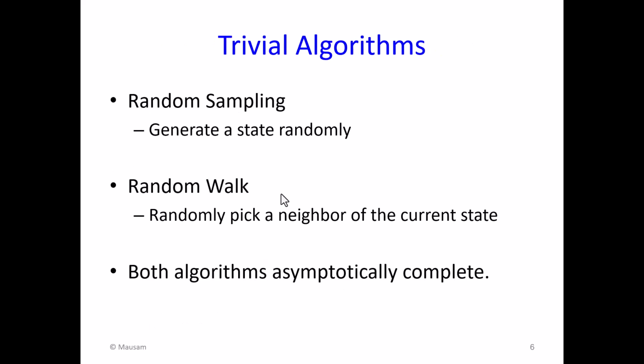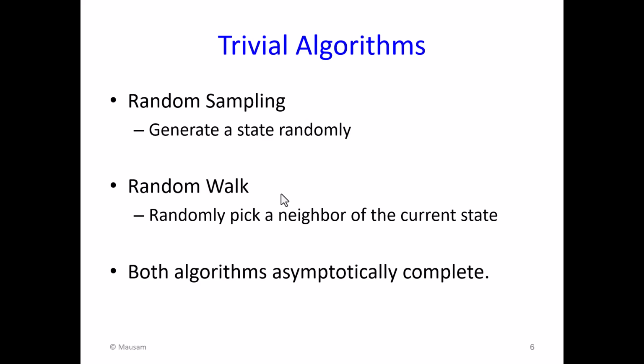Okay, so there are some trivial algorithms. Random sampling, like generate a state randomly. You randomly try different things, and then finally you will probably find it, like in a classroom, you are trying to find Tom. You keep checking who is Tom among 40 students, and finally you find Tom. It might take time bounded only by the total number of students.